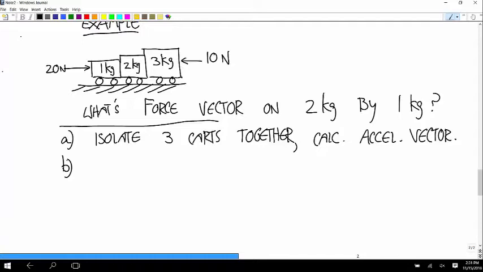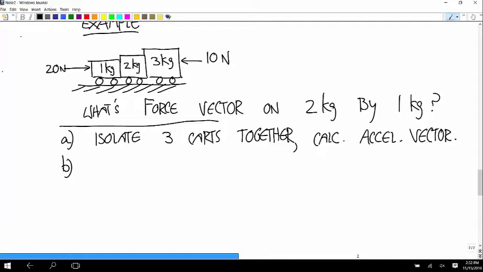The problem is that this isn't at the end of the string in either direction. So you want to isolate the entire string from one of the ends, including the piece that you want. So we're going to isolate the 2 kilogram and the 3 kilogram part as a single unit. Then the only unknown we have is the force the 1 is applying to 2, and we can solve for it. The only horizontal unknown.